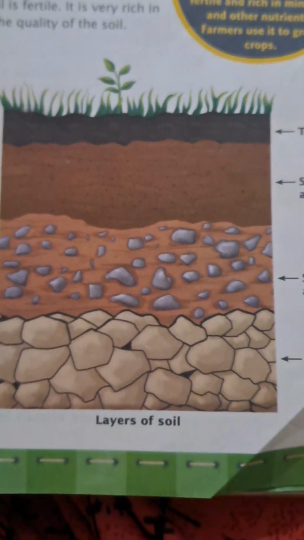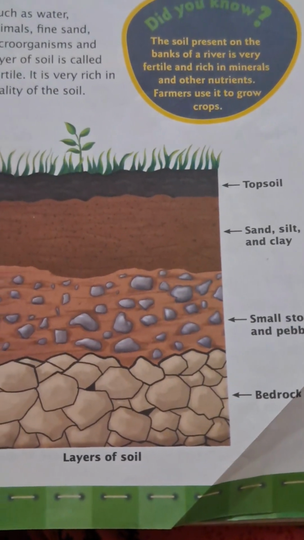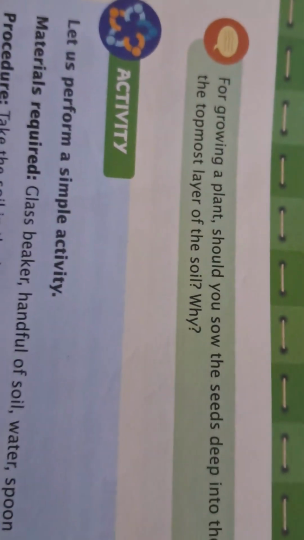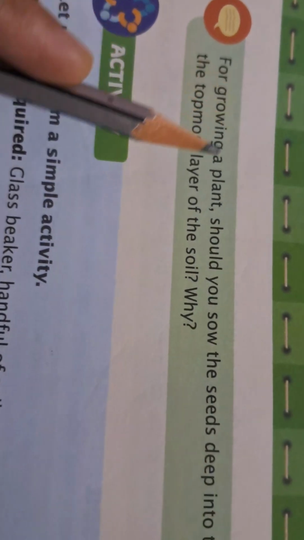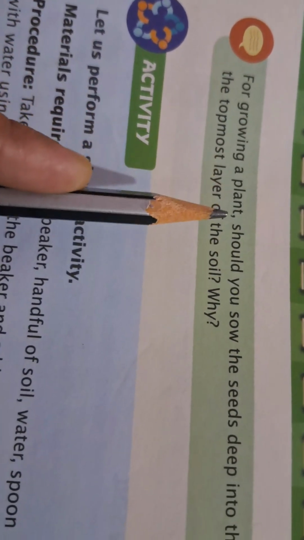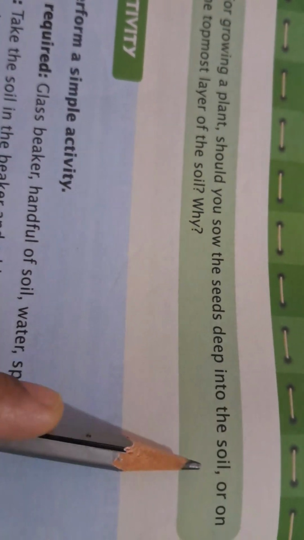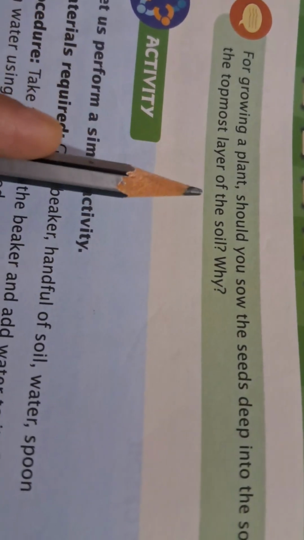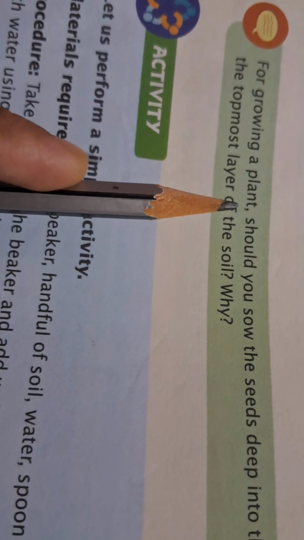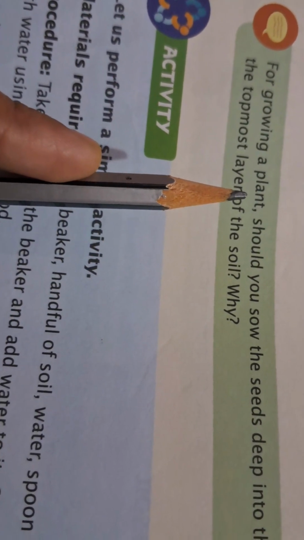Understood? You can see the picture. Okay, then we will move on to the next. We have: for growing a plant, should you sow the seeds deep into the soil or on the topmost layer of the soil, and why? For example, your mother wants to grow a plant in a garden.